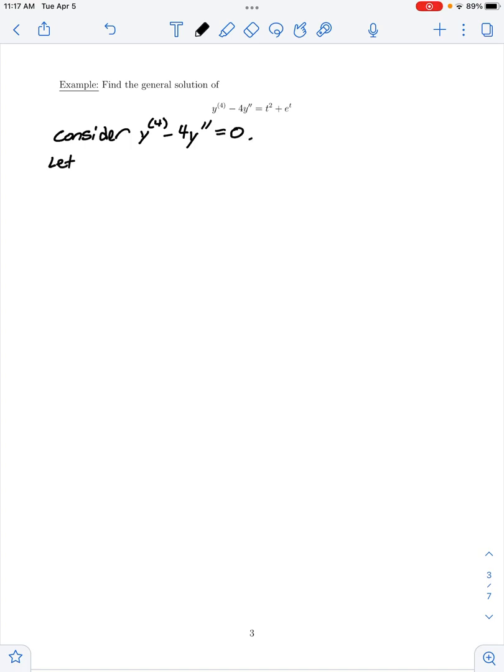And if we look for solutions of exponential form, y equals e to the rt, then r must satisfy the characteristic equation r to the fourth minus 4r squared is 0. So if I factor out r squared, I'm left with r squared minus 4.